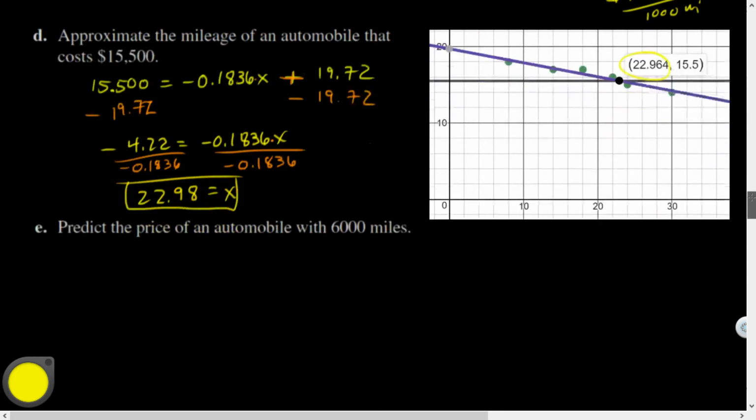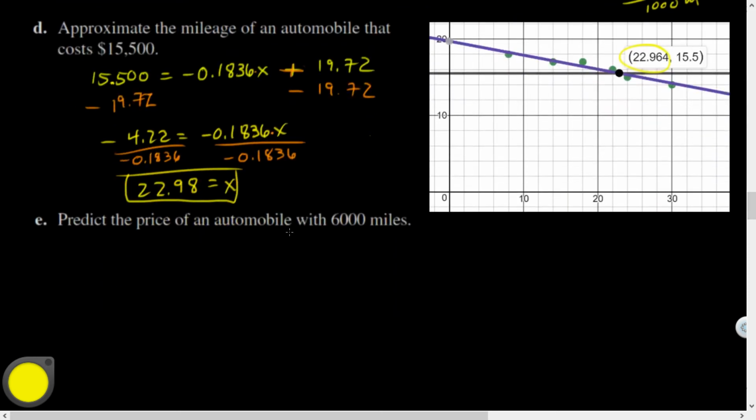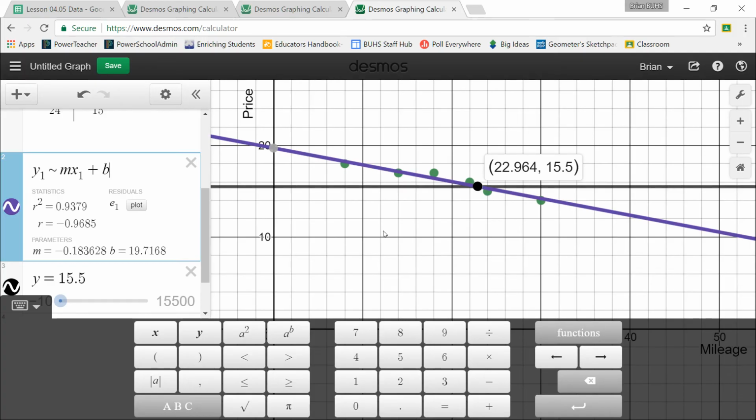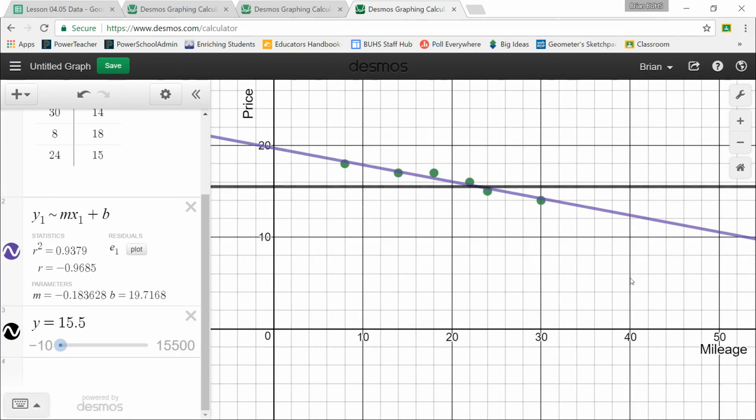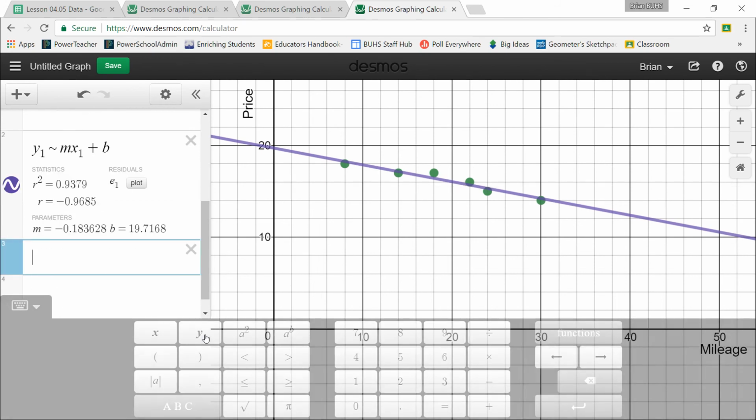What if I ask the other way around? What if I want to know what the price would be for a car that has 6,000 miles on it? Where would I put that 6,000? Well, 6,000 is in miles, and that's the x-axis. And watch, I can actually type it in here.